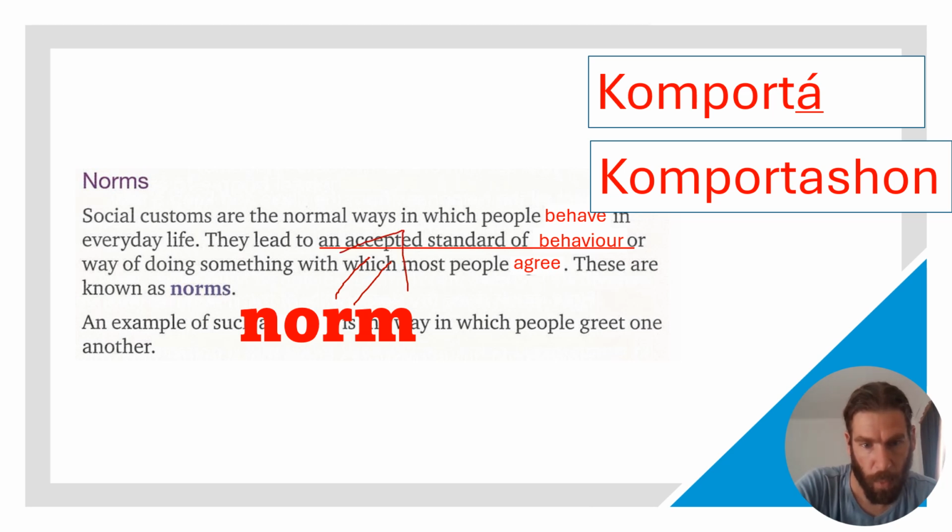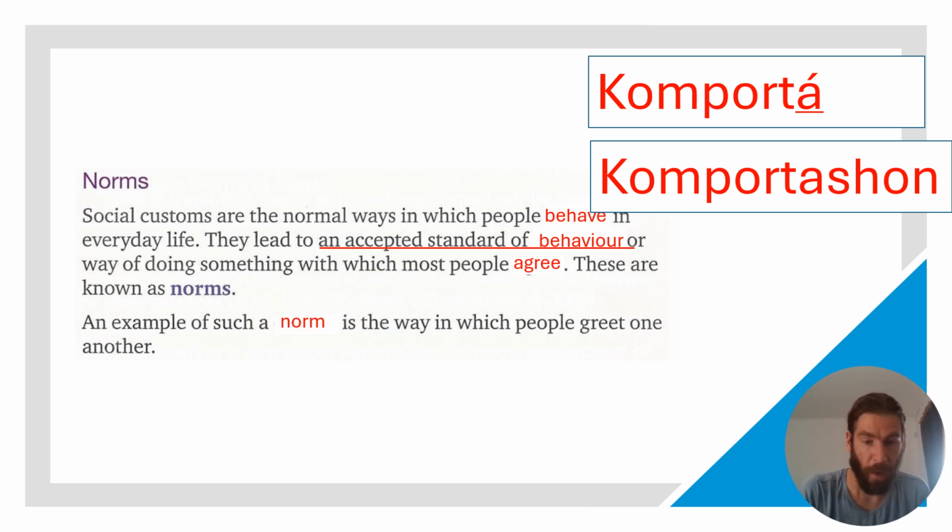An example of behavior accepted by the whole society. That is a norm. Make sure you understand what it means. An example of such a norm is the way in which people greet each other. If you say bom dia, or moro, or bon tardi, or Temayanko dioske, you also say goodbye in a standard way, in a normal manner.